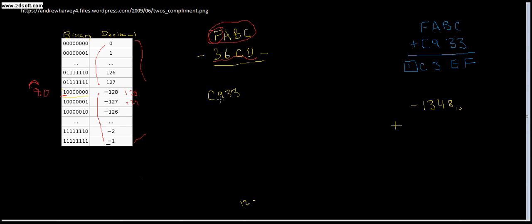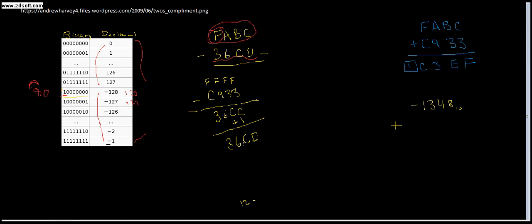So C933, when we take its 2's complement, FFFF minus C933: F minus 3 is going to give you a C, F minus 3, another C. F minus 9, the difference between 15 and 9 is 6, and 15 and 12 is a 3 again. So then we add the 1, and so 36CC plus 1 is 36CD.